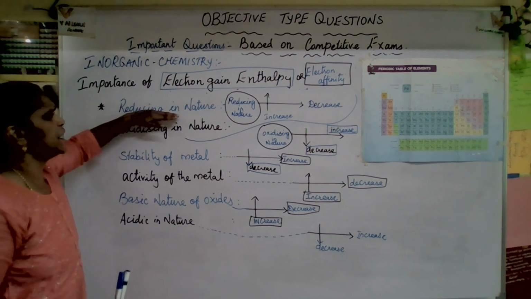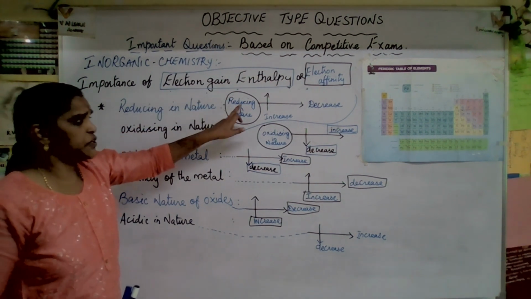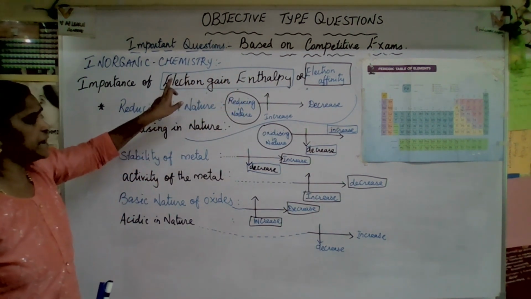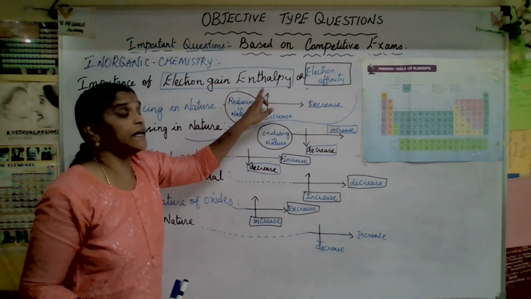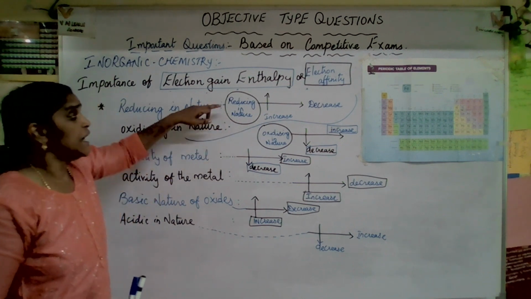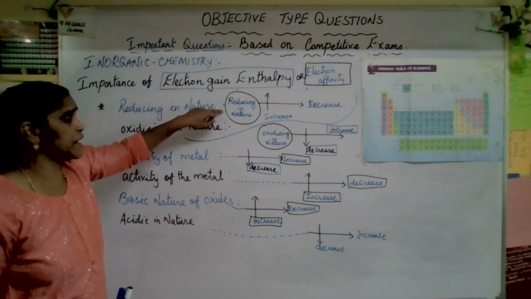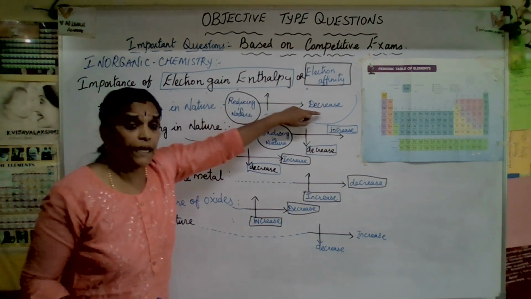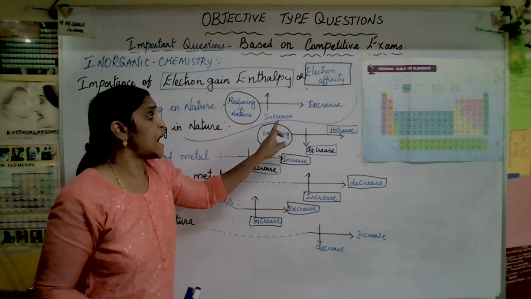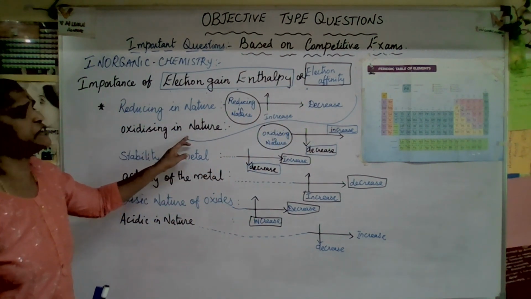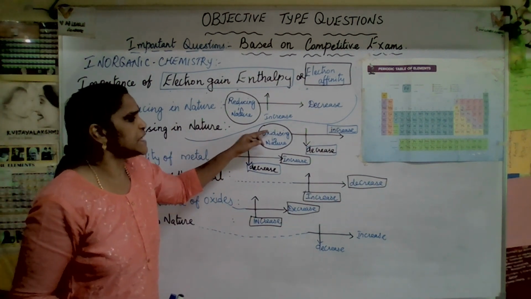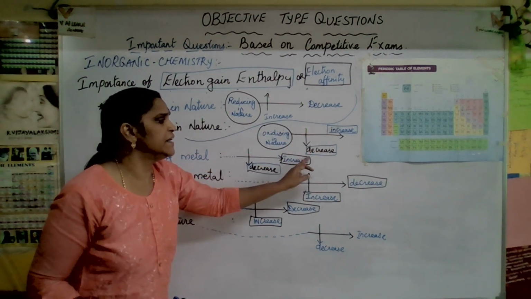Reducing nature decreases in a period and increases in a group. Please note that. In the same way, oxidizing nature increases in a period and decreases in a group.